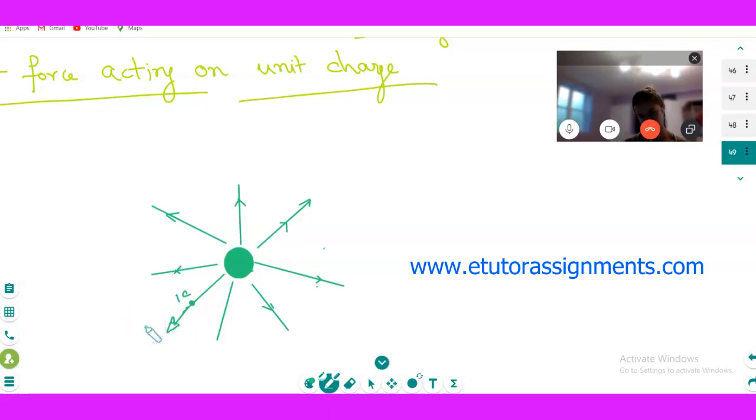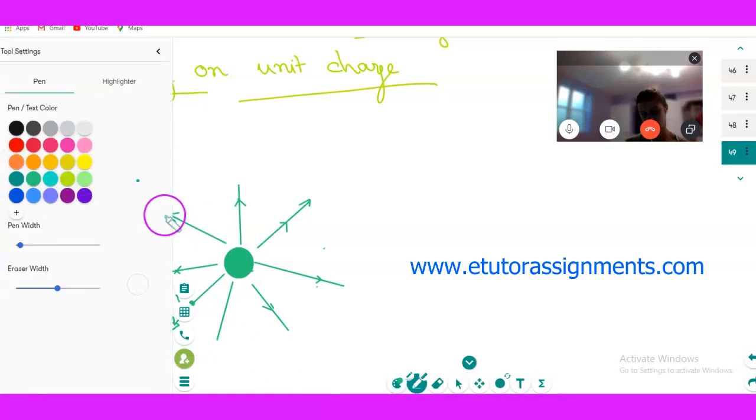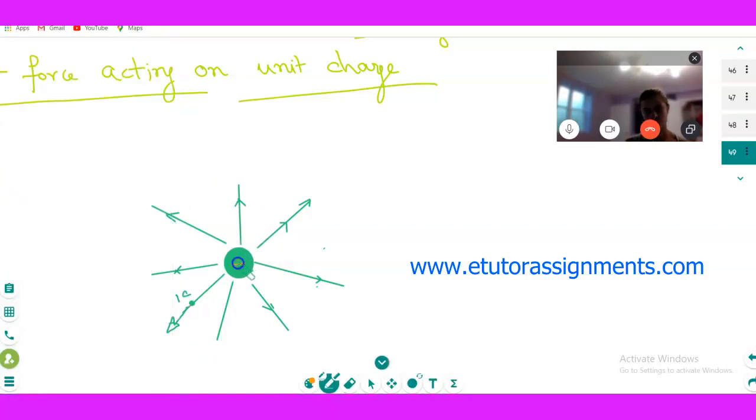Is it clear? This field is created by whom, positive charge or negative charge? Yes, this field is for a positive charge. Very good. You said you did not know, but you know.